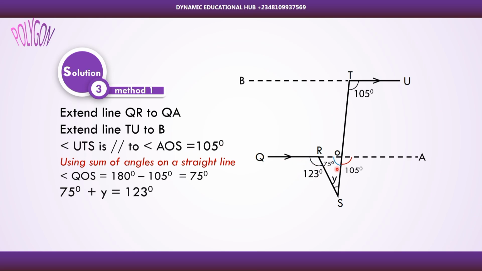Which means the sum of the opposite interior angles will give us the value of the exterior angle. So this 123 degrees will give us 75 degrees plus Y. So that is 75 degrees plus Y, and it is equal to 123 degrees. So Y will give us 123 degrees minus 75 degrees, and Y will be 48 degrees.